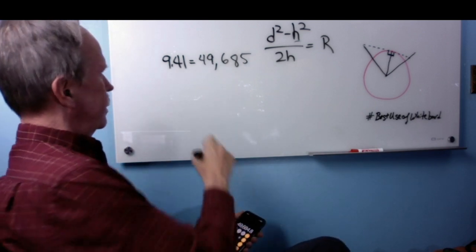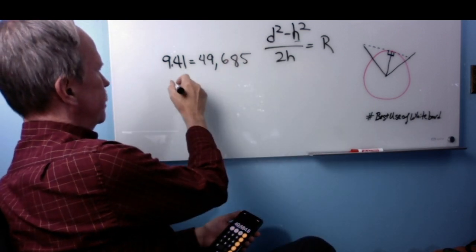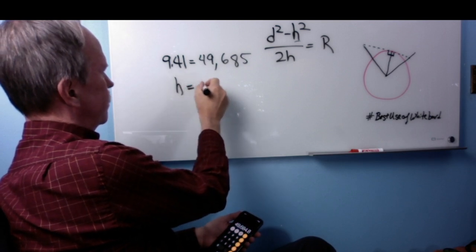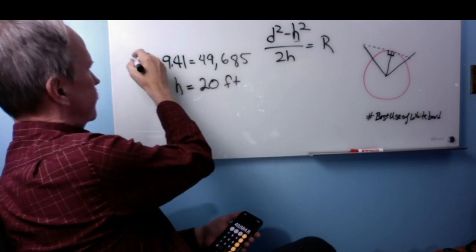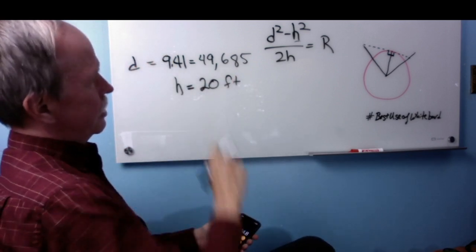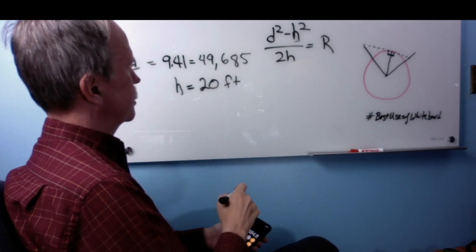The height that we're missing is 20 feet. That's d. So let's go ahead and plug it in, see what the radius of the Earth is.